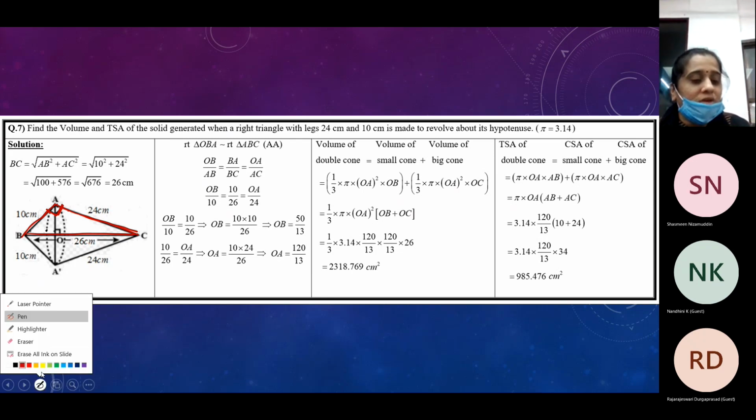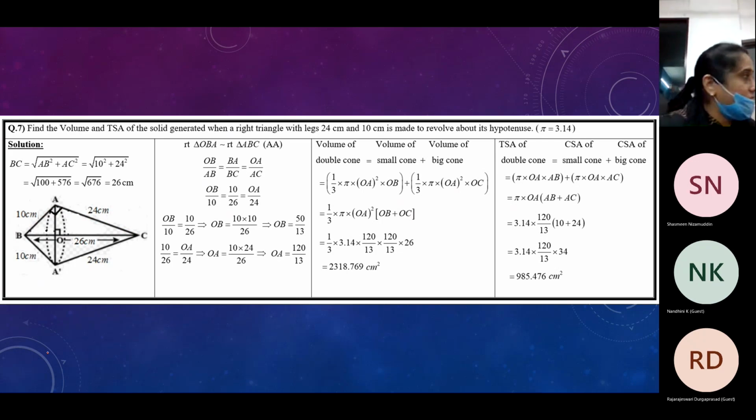Okay, now, what are the things you need about the two cones? What are the values you need to know about the small cone? Radius and height. Now tell me the formulae we have for a cone.